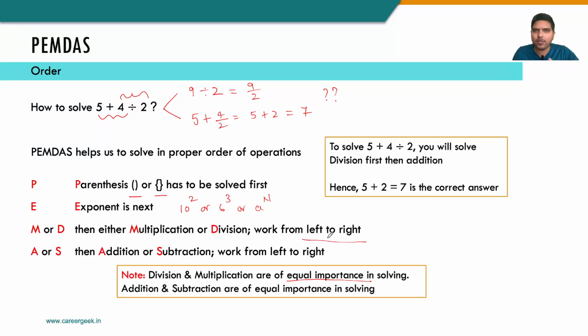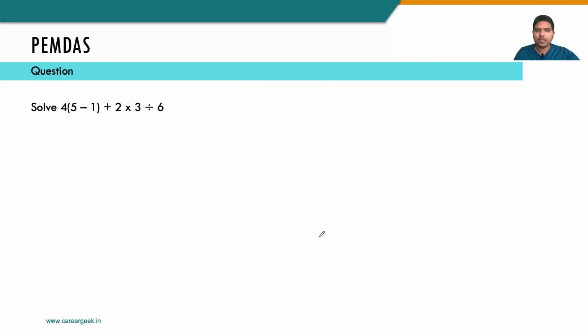Whichever comes on the left, you solve that first and move on. So parenthesis, exponents, multiplication or division, and finally addition or subtraction, right? Again, the same thing, they have equal importance and you will always start solving from left to right. Okay, we'll see a few examples on this.